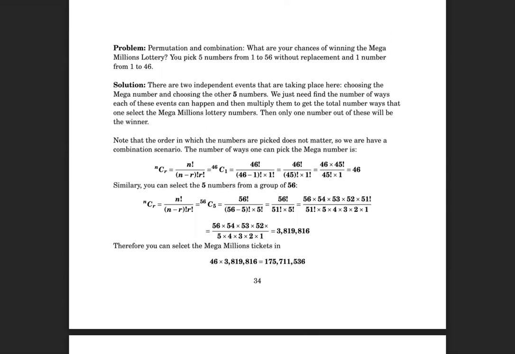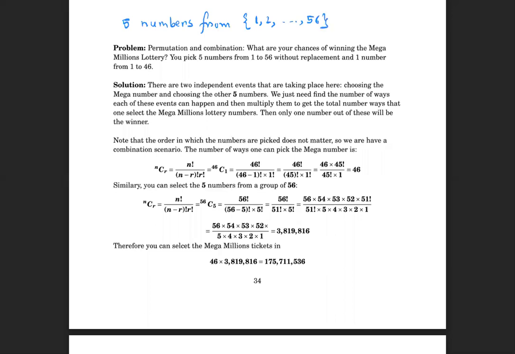So what are your chances of winning the Mega Millions lottery? Okay, so Mega Millions, you hear about it, and what are your chances of winning? In Mega Millions, you select 5 numbers from 1 through 56, 1, 2, all the way up to 56.